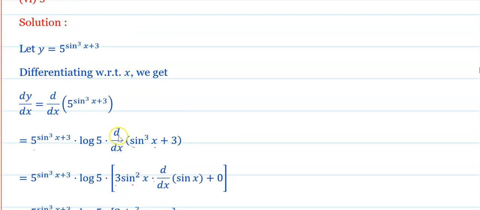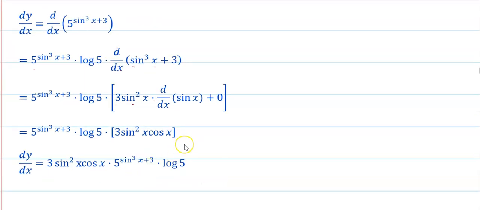Again, see this here. What type of the main function is a raised to x? The derivative of a raised to x is a raised to x into log of a. Similarly here, the derivative of 5 raised to sin cube x plus 3 is 5 raised to sin cube x plus 3 into log of 5 into d/dx of sin cube x plus 3. Sin cube, its derivative is, again the power चा derivative नुसार करणार 3 sin square x into d/dx of, again sin x, derivative of 3 is 0, and hence we have the answer.